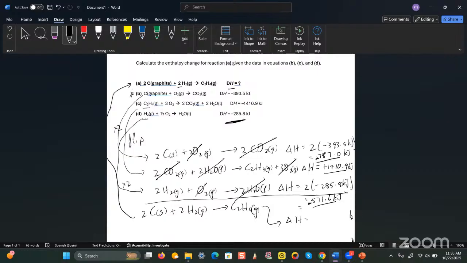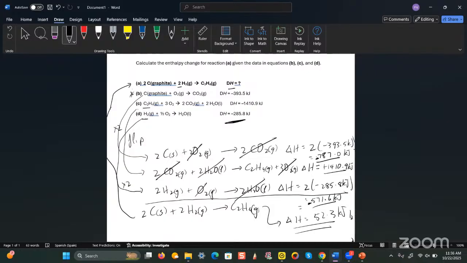Okay, so I'm going to add negative 787.0 plus 141.9 minus 571.6. And the answer I got is, and please correct me if I'm wrong, 52.3 kilojoules.